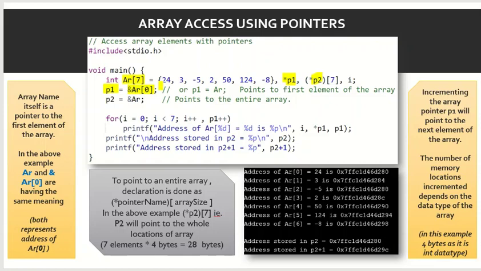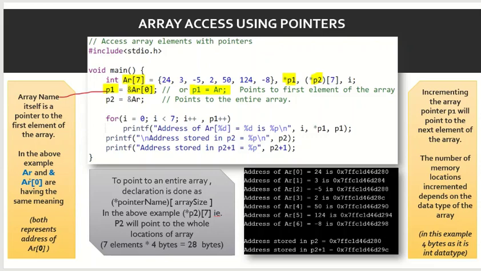And one more method: we can have p1 is equal to AR instead of p1 is equal to ampersand AR of 0. That is, the array name itself will point to the first element of the array. It is written here: the array name itself is a pointer to the first element of the array.